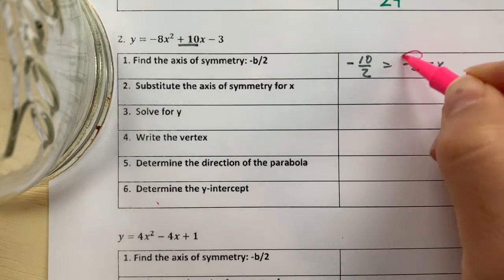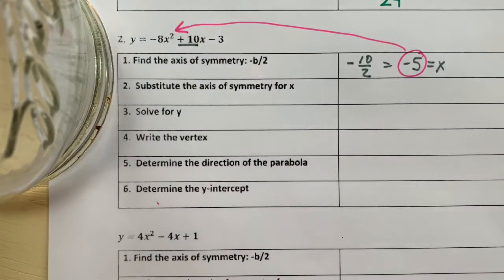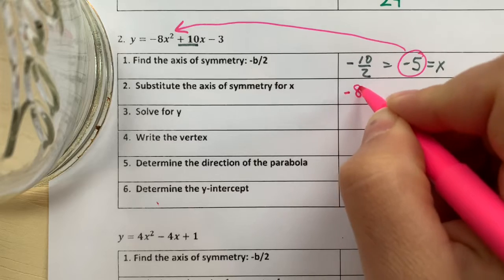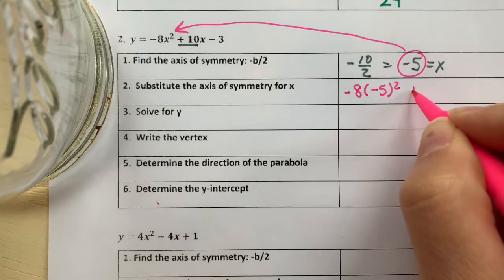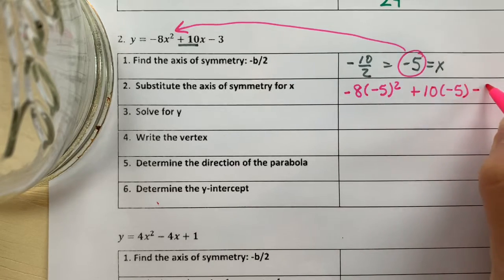We're going to take this number. We're going to substitute it in for all of our x's so that I will have negative 8 times a negative 5 squared plus 10 times a negative 5 minus 3.